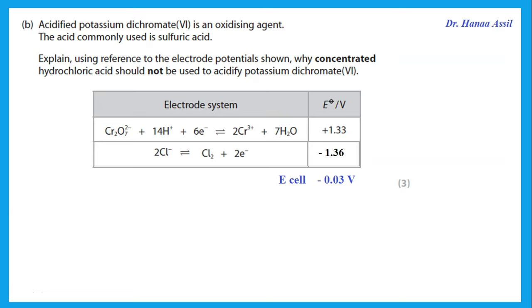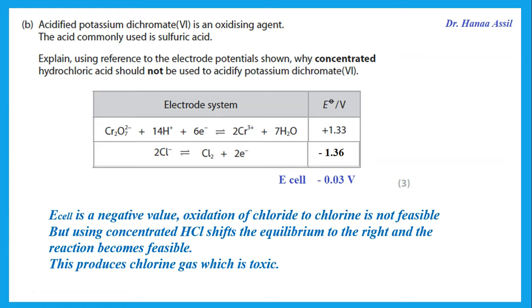But what if I have concentrated hydrochloric acid? That means I'm adding a lot of H plus and I'm adding a lot of Cl minus. And that means the E cell originally is negative, so it should not work. But when we use concentrated HCl, then the presence of the H plus will cause that first equation, the equilibrium, to shift to the right, and also the second equation shifts to the right, and that means the E of the cell goes above 0.